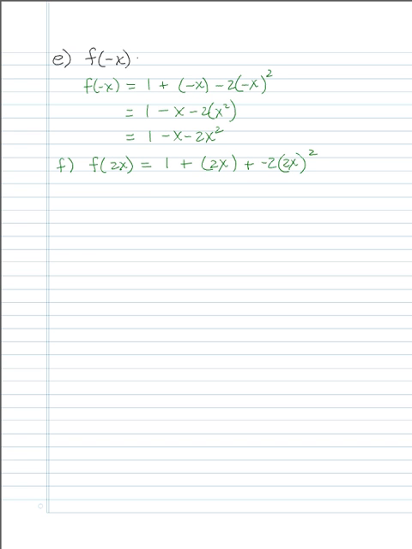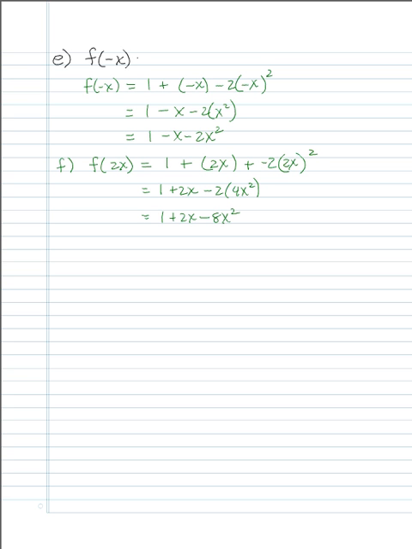And then we evaluate. Well, 1 plus 2x isn't a big deal, but when we square 2x over here on the right, we'll actually get 4x squared, won't we? So when we simplify, we get 1 plus 2x, and then finally minus an 8x squared as we finish that out.